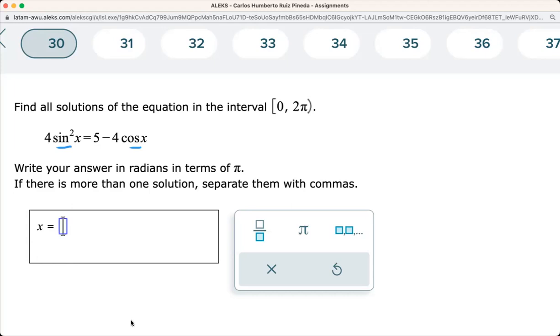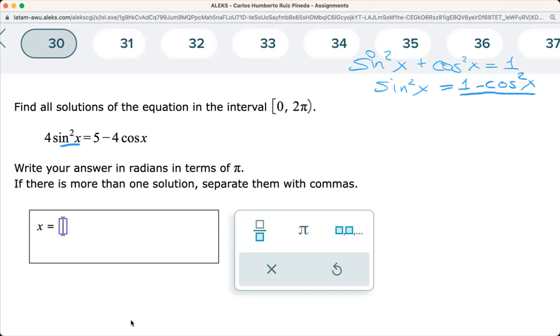But since the goal here is to use this very powerful Pythagorean identity, that means you have to put sine squared of x in terms of cosine, because you have cosine over here, cosine over there. So what do we do? We say sine squared of x equals 1 minus cosine squared of x. And whenever you see sine squared of x, you transform it and put 1 minus cosine squared of x.